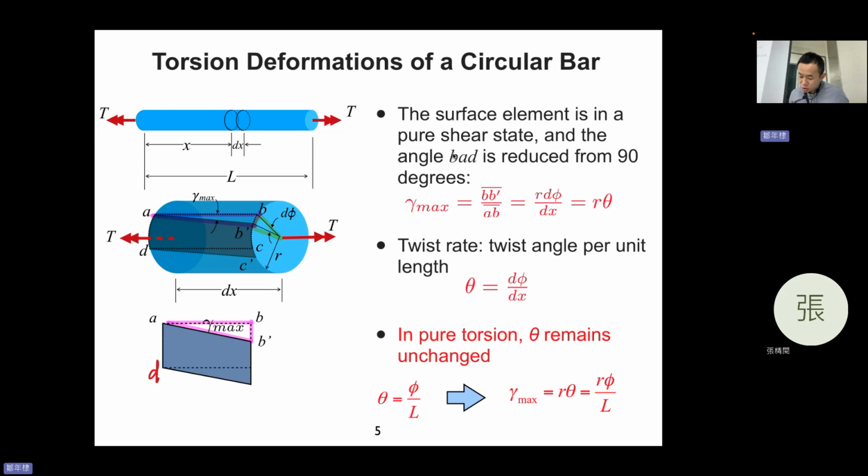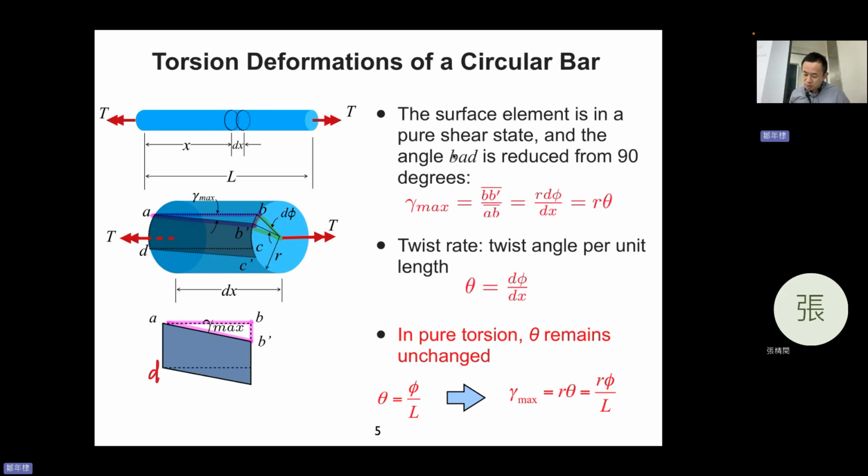The gamma max equals BB prime divided by AB. Okay, I know maybe this is not a perfect pizza shape. So AB and AB prime maybe have slightly different lengths, but because they are infinitesimally small, AB is approximately equal to AB prime.